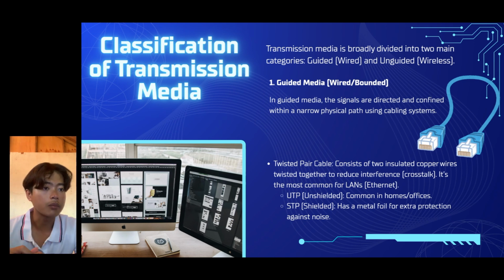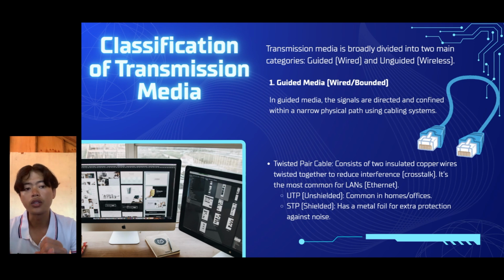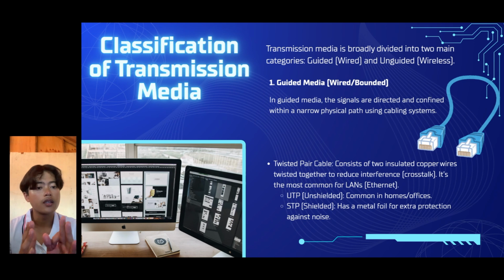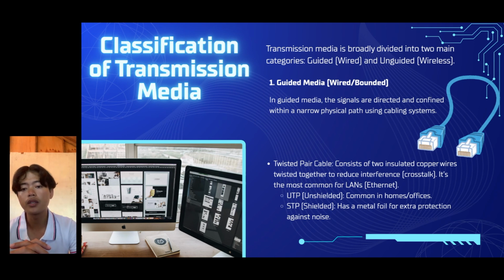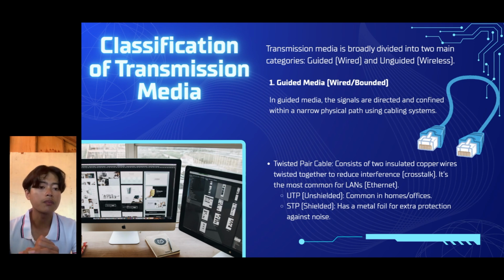The twisted pair cable has two types, the UTP and the STP. The UTP is the unshielded cable, and the STP is the shielded cable. The UTP is commonly used in homes and offices, and the STP has a metal foil for extra protection against noise.